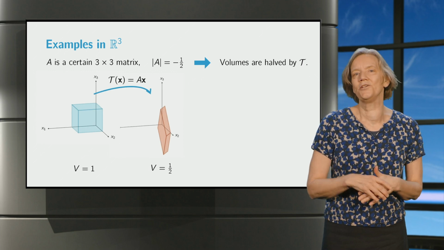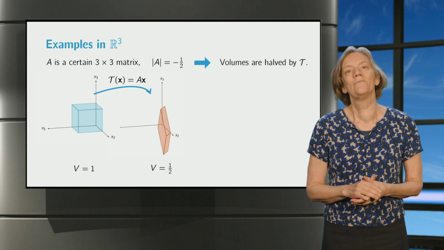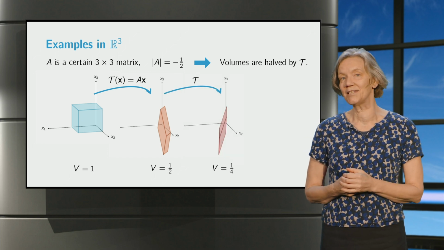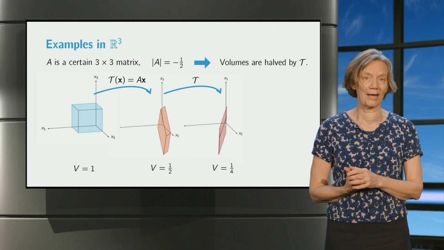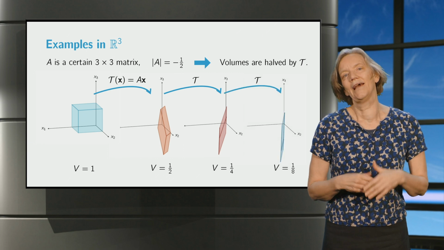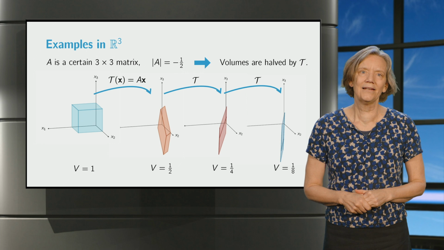In this case, the unit cube is transformed into this parallelepiped with volume 1/2. Applying the transformation a second time transforms the parallelepiped into another one, now with volume 1/4. And once more gives a volume of 1/8.